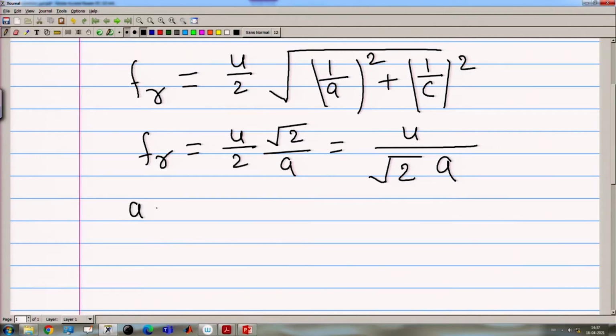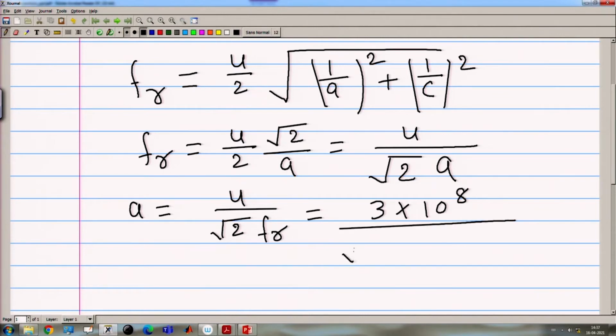So, A can be written as U divided by root 2 into Fr. That means A will be 3 into 10 to the power 8 divided by root 2 into Fr.